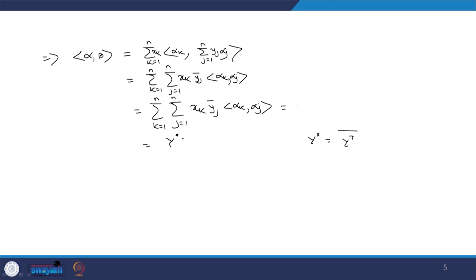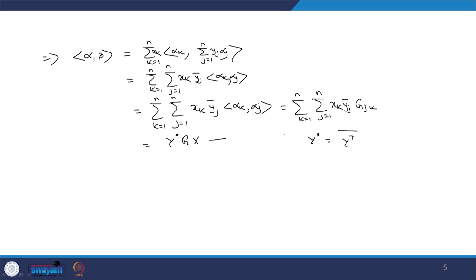So this is equal to the sum over k and j of x_k and y_j bar times G_jk. This gives you Y star G X, because this is a scalar quantity.